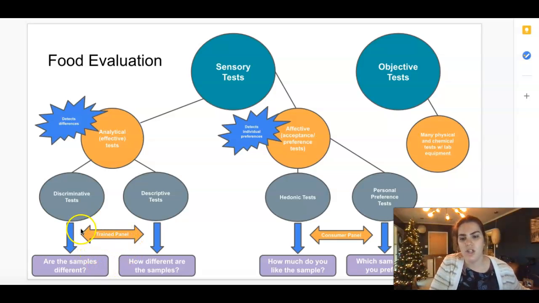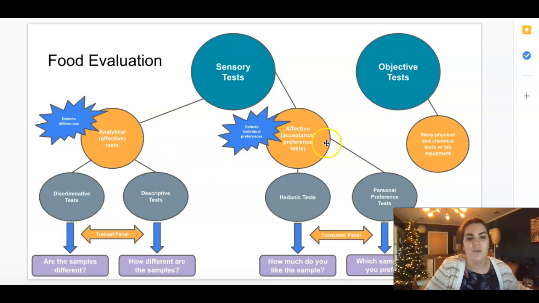So the main question for discriminative tests is to answer, are the samples different? Whereas with descriptive tests, the main purpose is to answer how different are the samples. So again, this takes a trained eye or trained palate to be able to determine if samples are different and how those samples are different.